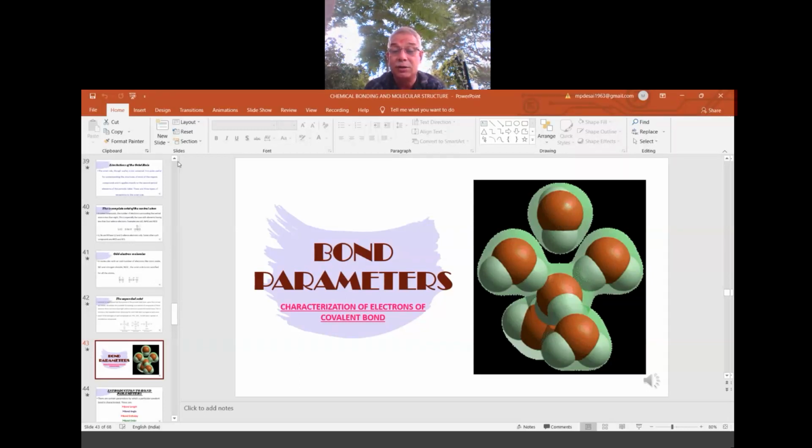Characterization of a covalent bond: bond parameters. Suppose Ramalinga is the best boy, best student, best cadet. On what parameters do we calculate? We see his academic track record, his sports record, his behavior, and any outstanding work he has done in the house or at the school level.